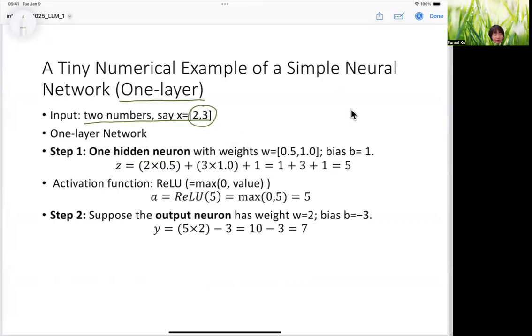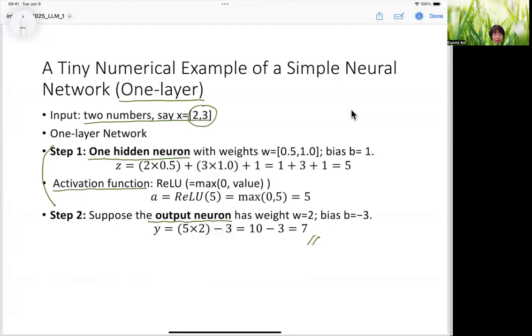A one-layer network consists of one hidden neuron layer and its activation function, and an output neuron layer, and it provides the final value as an output after this process.